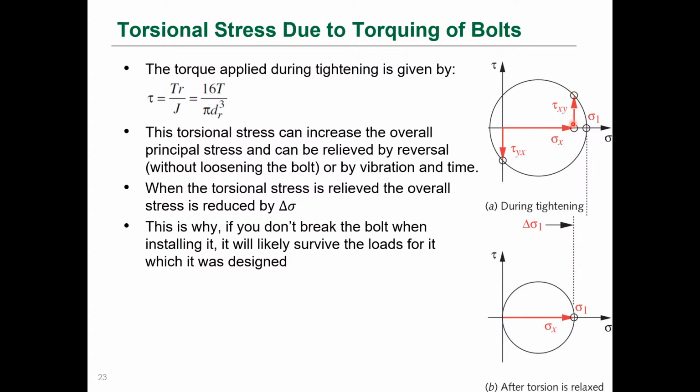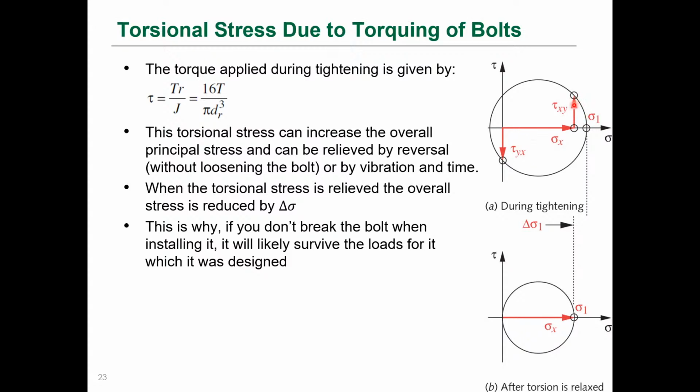What happens though is this torque that you apply, which causes this torsional shear on the bolt, can actually go away. You can relieve this stress by, after you tighten it down, backing it off without loosening it, and that'll relieve some of the shear in the bolt.